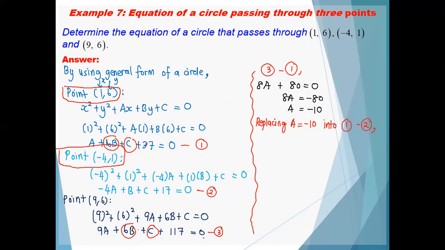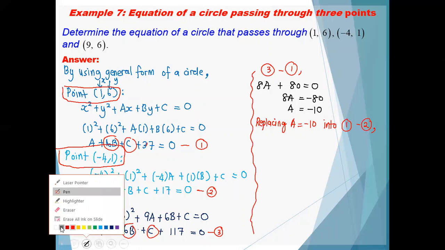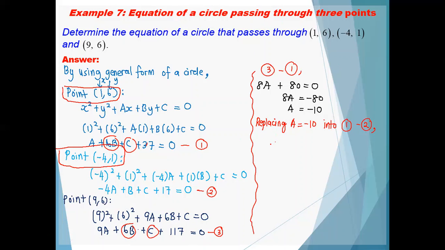So we obtain: replacing a equal to negative 10 into 1, you get negative 10 plus 6b plus c plus 37 equal to 0.